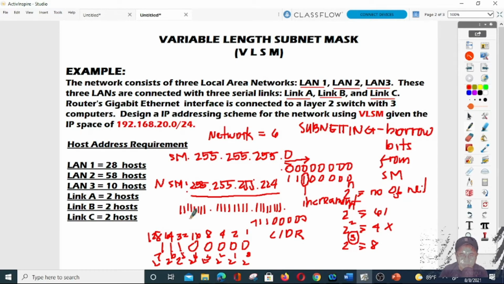Just count the number of ones. So this is 8 plus 8, 16, plus 8, 24, plus 3, 27. So the CIDR value of 224 is slash 27. That is how we get the CIDR notation. Just count the number of ones on the given subnet mask.